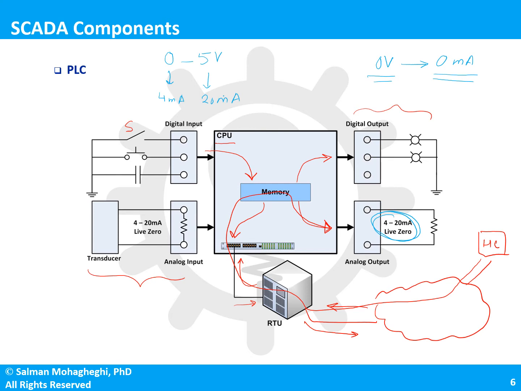It's 4 milliamps of current, which means it's 0 volts. And if I have 0 milliamps, that's an indication of error. So that tells me that perhaps I have a disconnect somewhere in the system, and I can tend to it.